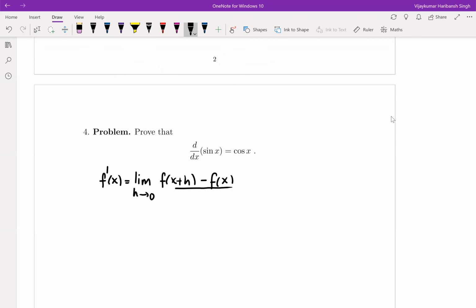Here f of x is sine x, so this is the limit as h goes to 0 of sine of x plus h minus sine x over h.